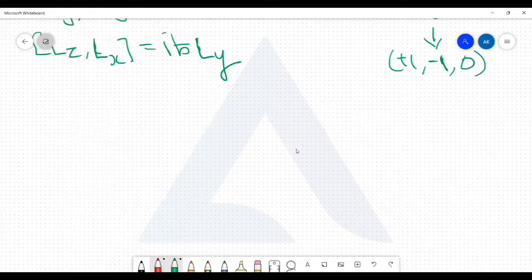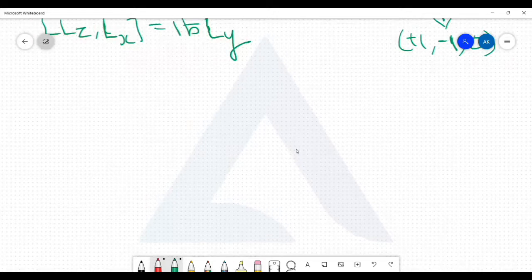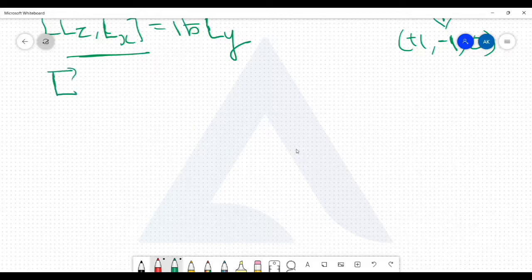Okay. So now we are going to derive the identity from L with the r. Listen. We have to consider every single possibility.